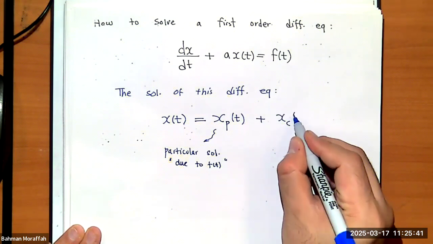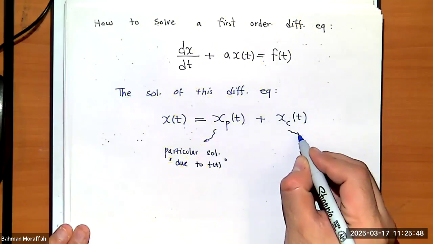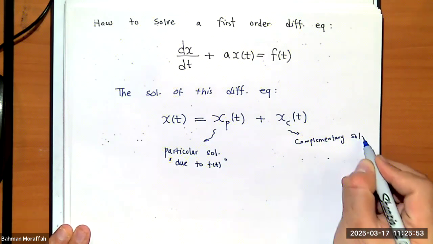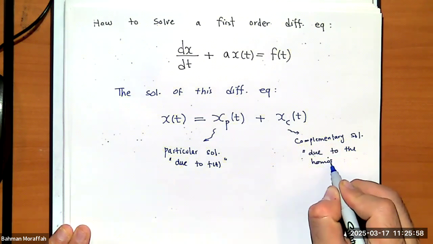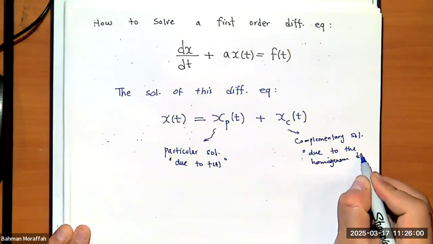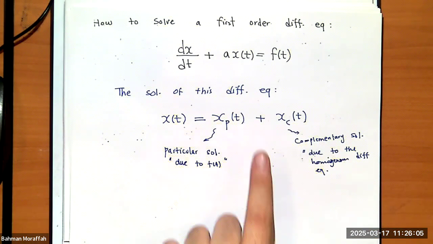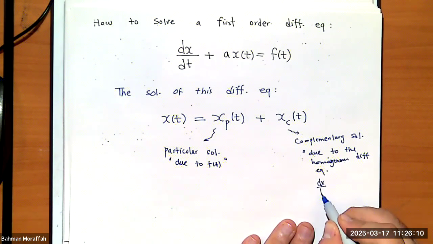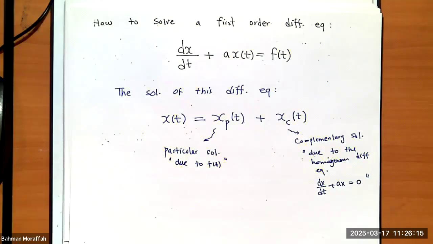And we have some complementary solution, which is due to the homogeneous differential equation. And we know the homogeneous differential equation means when f of t is 0, right?